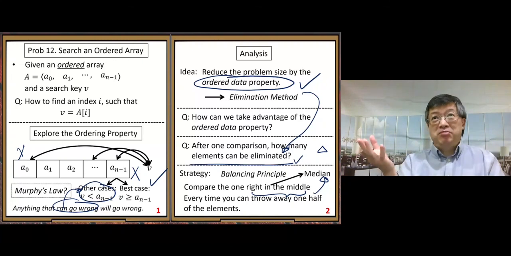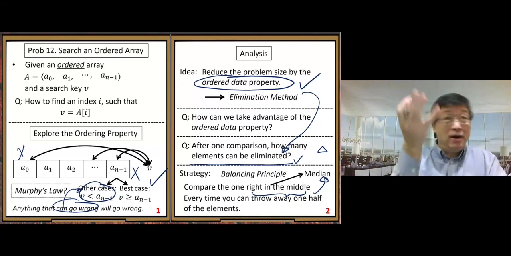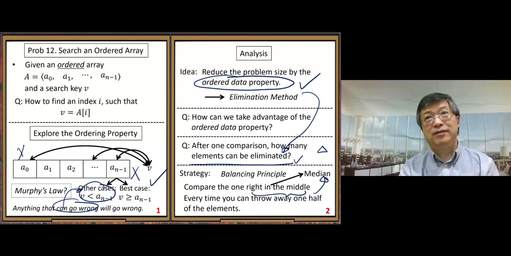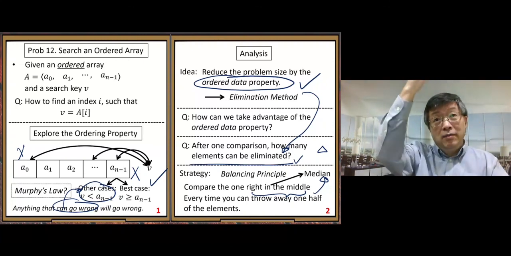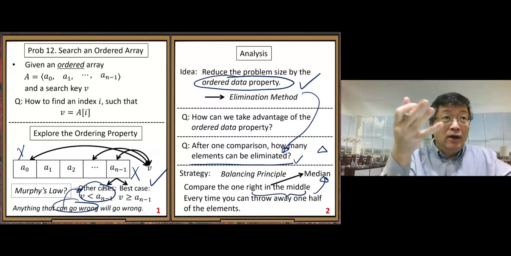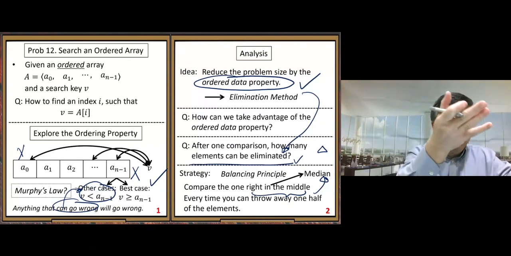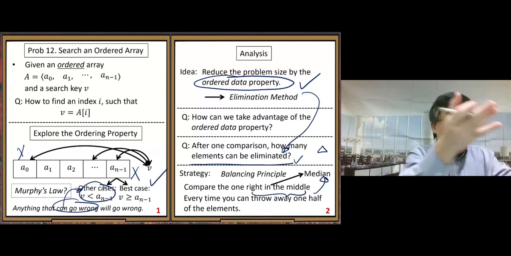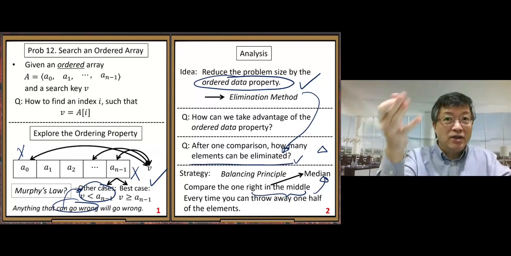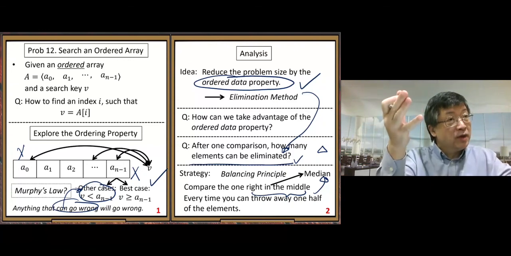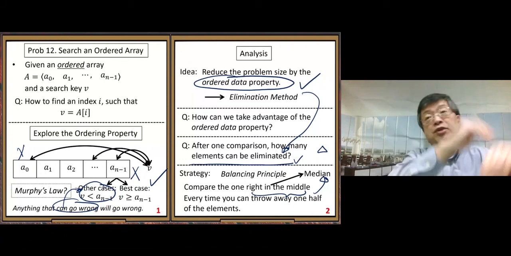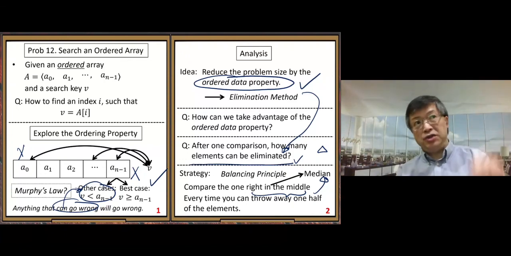The worst case and the better case, almost the same. That's balanced, right? That's very balanced. Very highly balanced, right? So that decision follows the balancing principle. So that's a good decision.